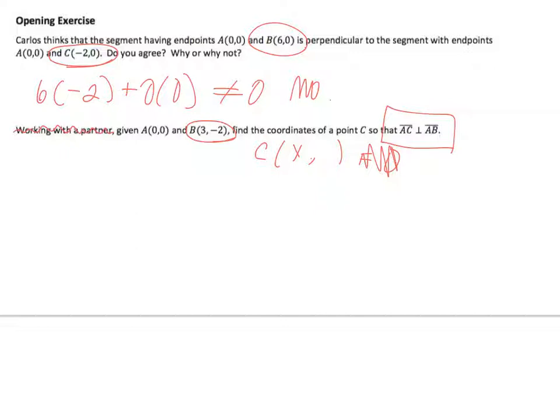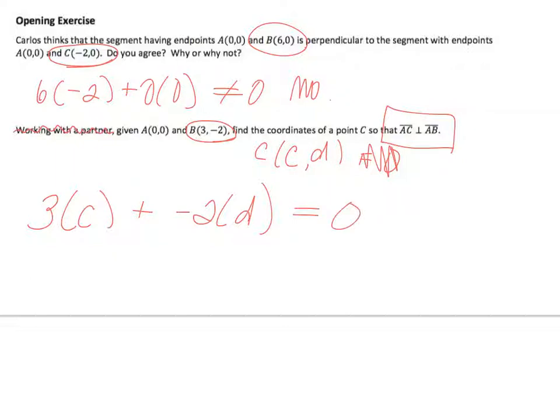Let's use CD. XY is a little misleading, not much, but whatever. So if we did this, that means that we have 3 times C plus negative 2 times D is equal to 0.